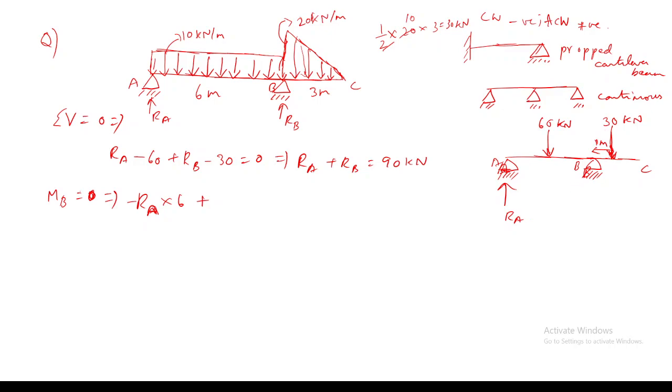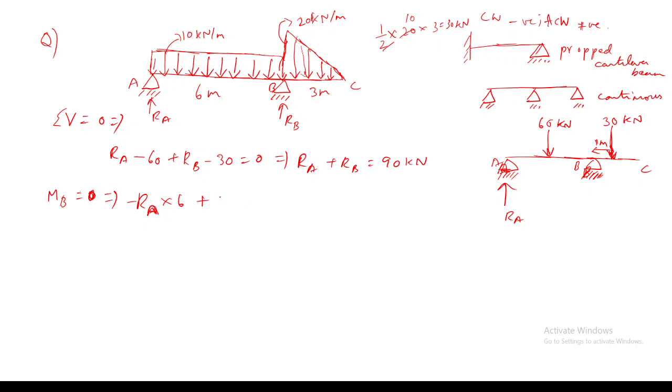This is clear, right? Yes, sir. Okay, so minus RA into 6 plus, due to 60 kilonewtons, whether it is causing a clockwise moment or anti-clockwise moment with respect to point B. Anti-clockwise.